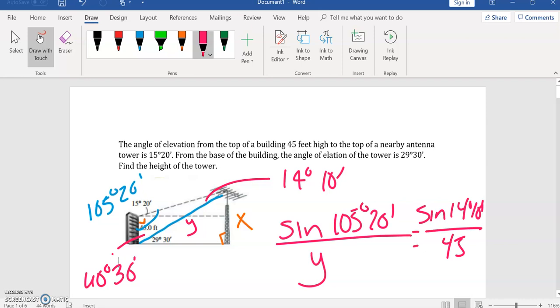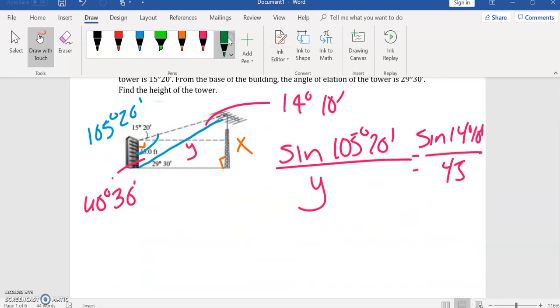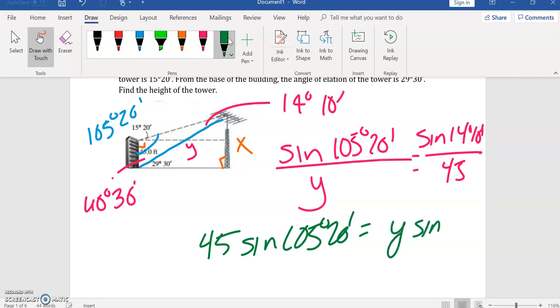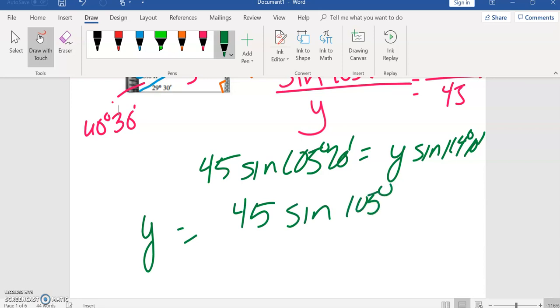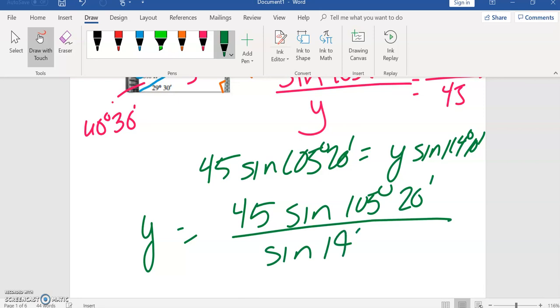So then I'm going to work out this equation: 45 times the sine of 105 degrees 20 minutes equals y times the sine of 14 degrees 10 minutes, or y equals 45 times the sine of 105 degrees 20 minutes divided by the sine of 14 degrees 10 minutes.